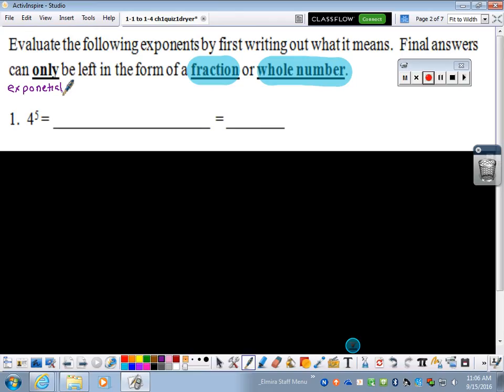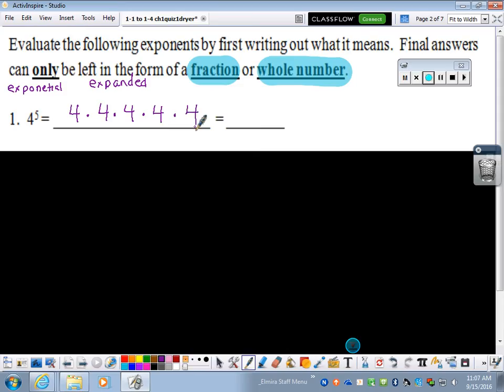But last week, remember, when we were first starting exponents, that's when we were doing our expanded form, and that's what this long bar in the middle wants, is our expanded form. So 4 to the 5th power in expanded form would be 4 times 4 times 4 times 4 times 4.